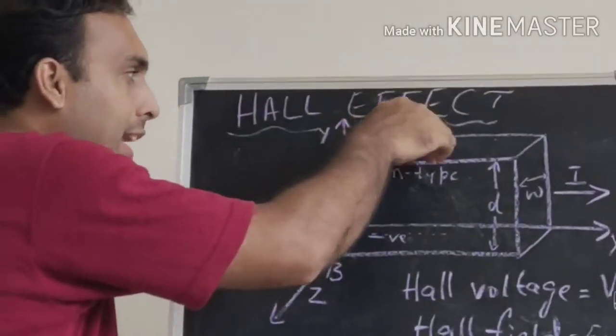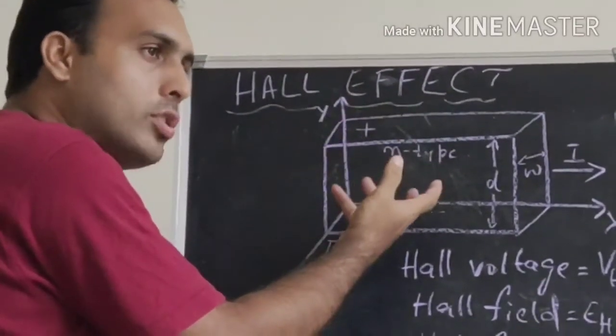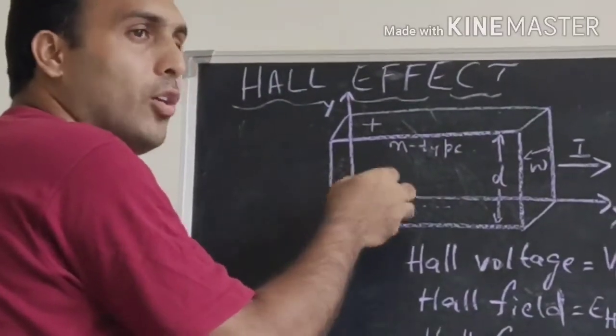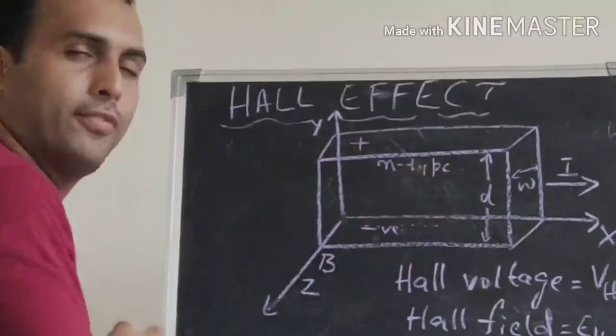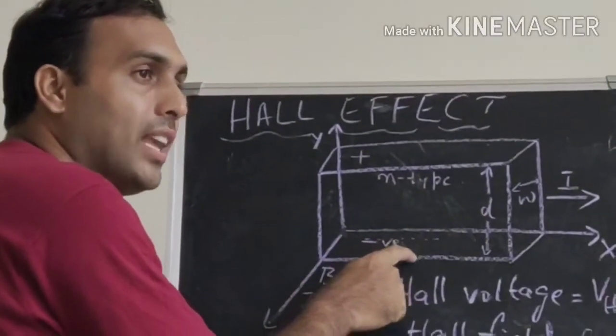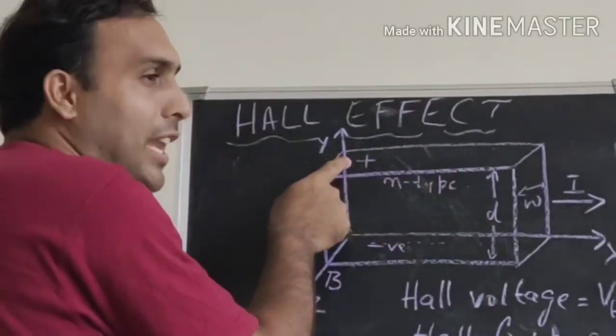Therefore, both holes and electrons are pushed towards the downward end, and the majority are holes. That means in the lower end, the number of holes will be more than the number of electrons, so positive charge accumulates on the lower end, and the upper end becomes negative.